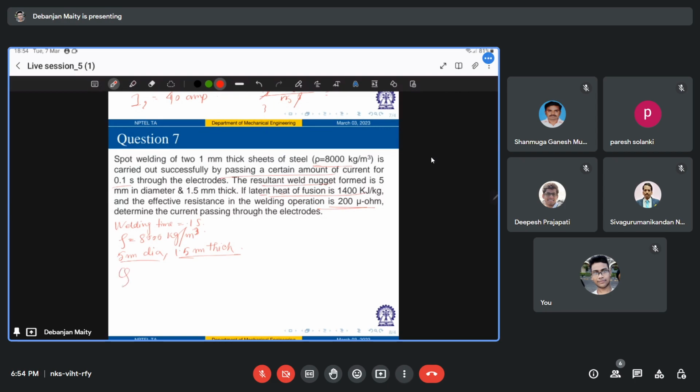So first thing first, Q is I square RT. That we know, right? What more do we know? We know the latent heat of fusion. Latent heat is basically during the phase change, when going from solid to liquid. So we can take it as the heat required to melt the material.